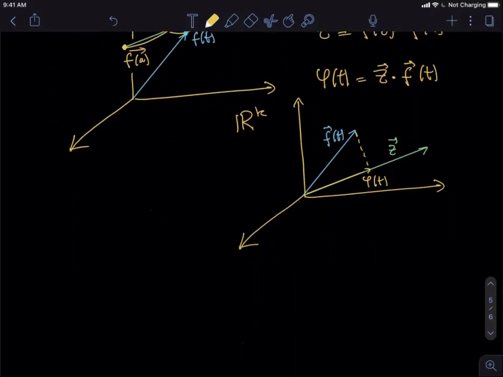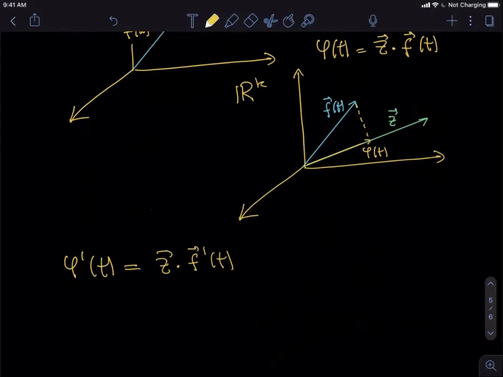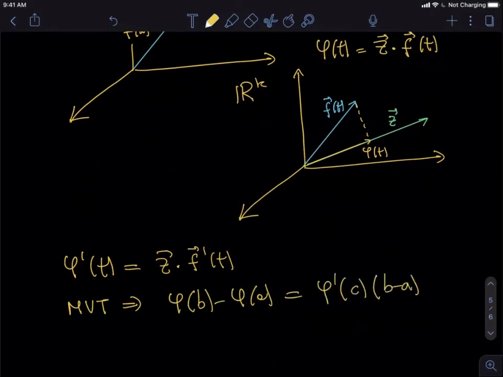The trick here is to just go ahead and take the derivative. This is z times f prime of t. And this is a function that we can apply the mean value theorem to. So phi of b minus phi of a equals phi prime of c times b minus a, c in (a, b).